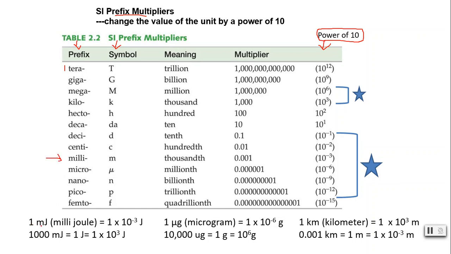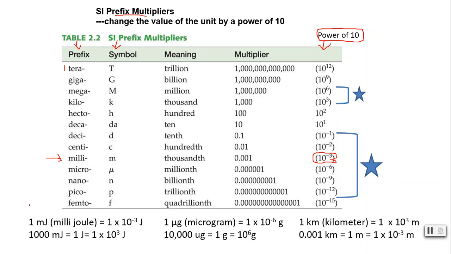So 1 millijoule, I'm going to travel over here, is going to be 10 to the negative 3, or 1 times 10 to the negative 3 joules. Why 10 to the negative 3? Because 10 to the negative 3 is associated with milli. So 1 millijoule is 1 times 10 to the negative 3 joules.